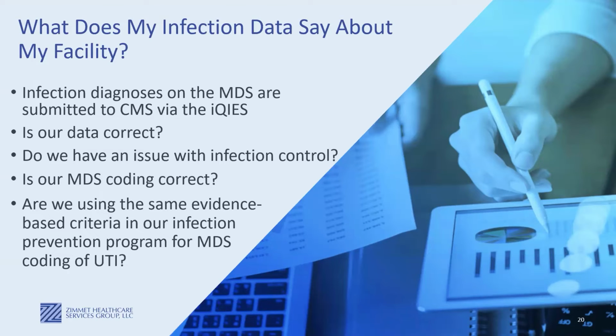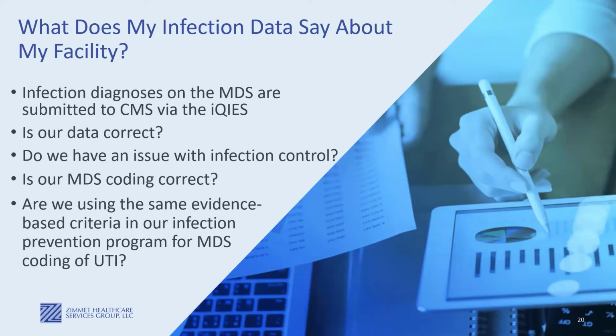So one of the things that we want to do, if we think we have a problem with infections in our facility, is this. Your infection preventionist is probably tracking all of these and on top of it. But for the ones that are coded on the MDS, we want to check and make sure, is our MDS coding correct? Did we code something that even came from the hospital that's now resolved?